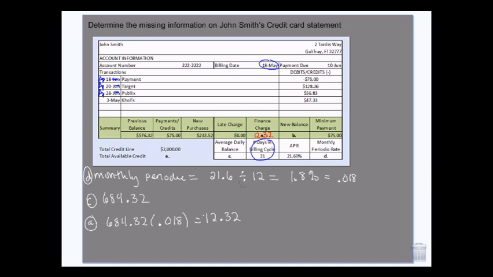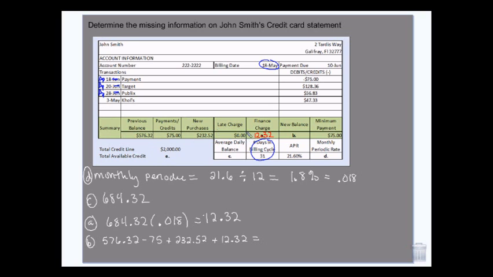Now to figure out our new balance, B, we take the previous balance, which was 576.32, minus our payment of 75, plus our new purchases, plus our finance charge. So I just come across here, this minus plus plus plus.